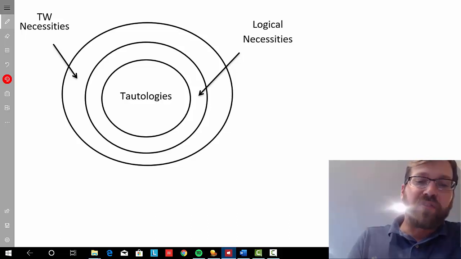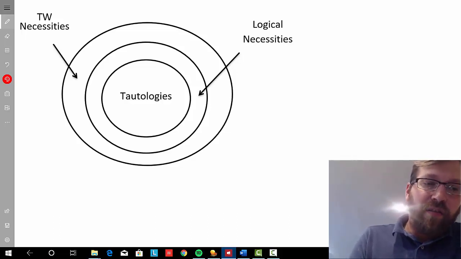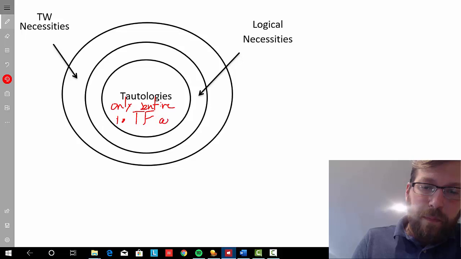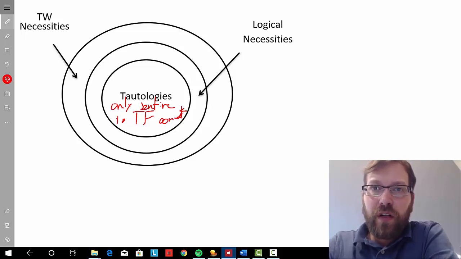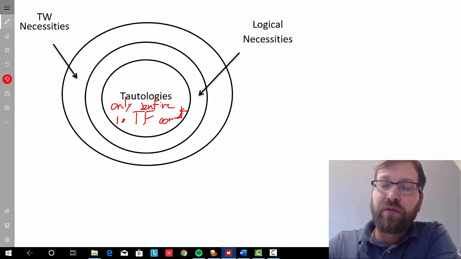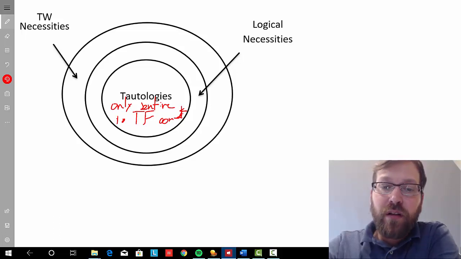Namely, tautologies are logical necessities that are only sensitive to truth functional connectives. Okay, so all of our tautologies are going to be logical necessities. By the very meaning of the logical connectives, they have to be true.